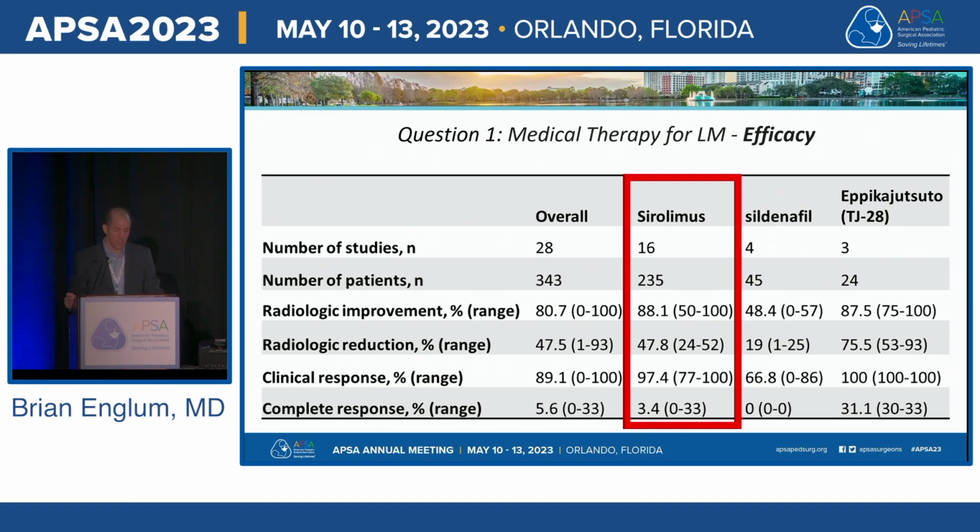With the exception of sildenafil, these medications had almost uniform 100% clinical response for patients, which included improving symptoms, decreased pain, and improved functional status of the affected area. And as you can see here, very few patients, only 3.4% in the sirolimus group, had a complete response to systemic medical therapy.